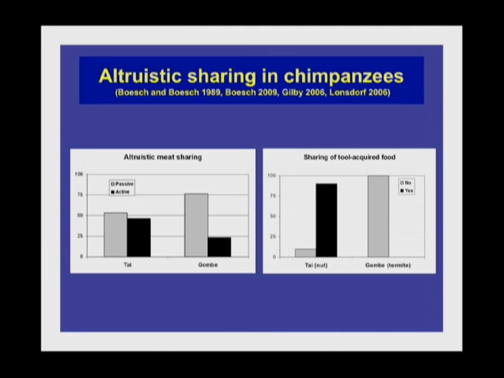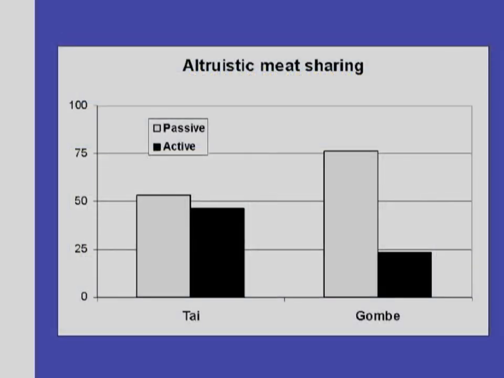Here is the sharing tendency of the chimpanzees, on the left, sharing of meat. Meat sharing is a very interesting one, because half of the events of meat sharing are active, the meat owner facilitating access to the meat in Taï chimpanzees, whereas it is much less frequently active in Gombe chimpanzees.